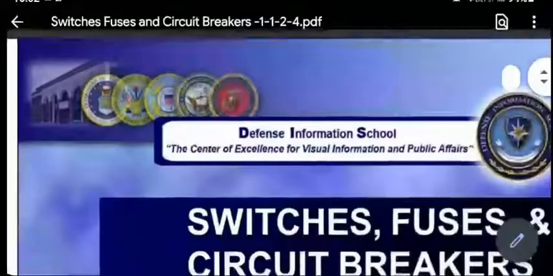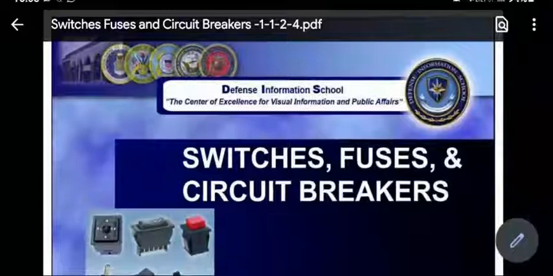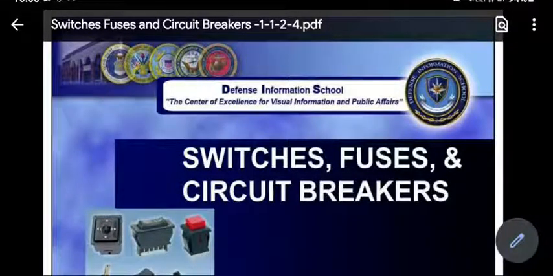Today, let us look at some of the most popular devices used in protecting power systems. The three names are in front of you: switch, fuse and circuit breakers.